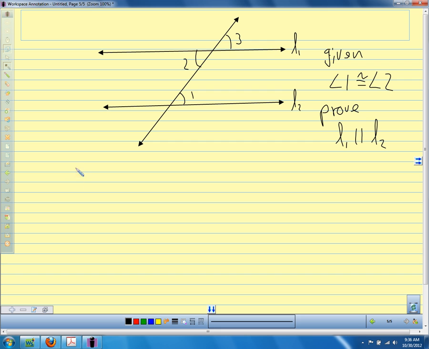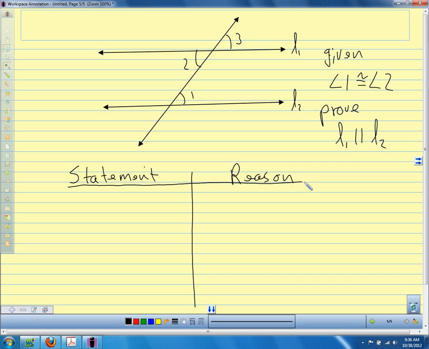So we're going to give a statement and a reason. And this is a very short proof. I would recommend that you write this down in your notes just so you have an example of doing a proof with parallel lines. So I'm going to start by saying angle 1 is congruent to angle 2.